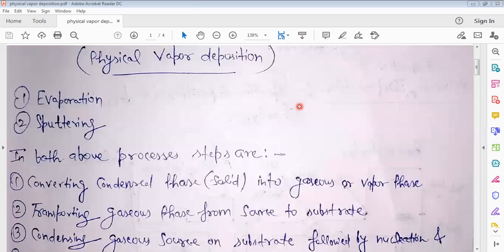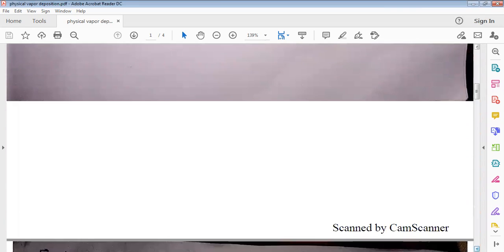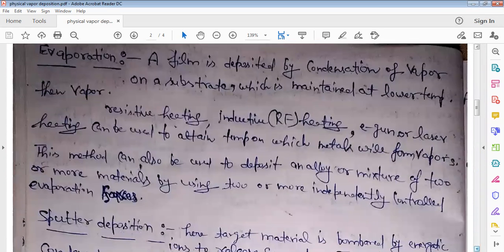The substrate is kept at a temperature pretty much lower than that, so that condensation will take place and the vapor in which the metal is present condenses onto the substrate. This is followed by nucleation and growth of the film. So these are the three steps that are common in vacuum evaporation and sputtering processes.